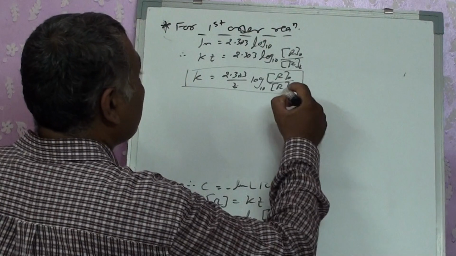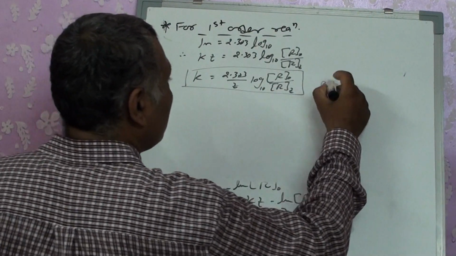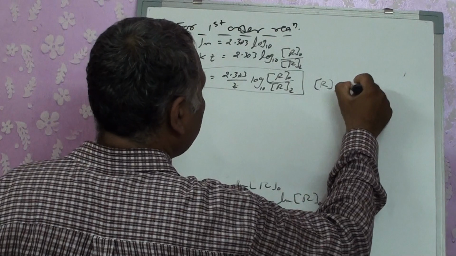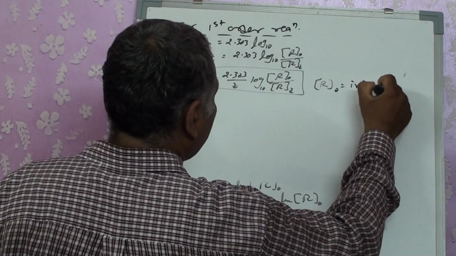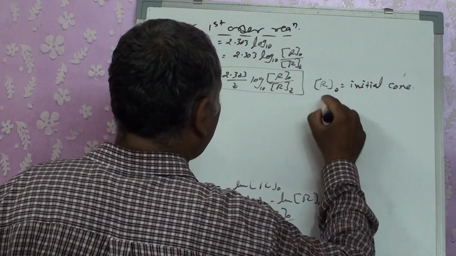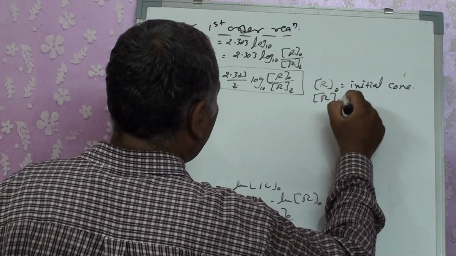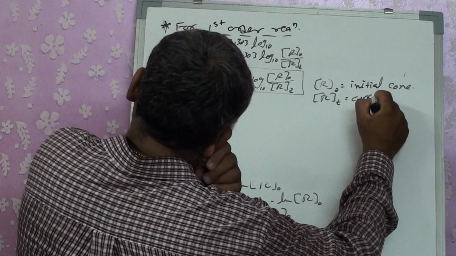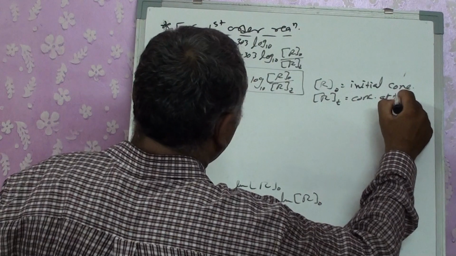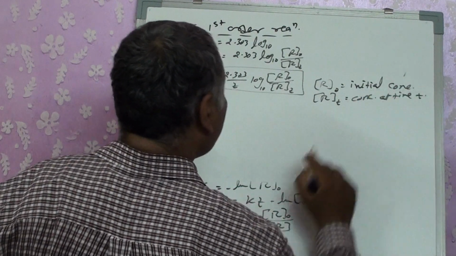Again, r0 is the initial concentration, rt is the concentration at time t.